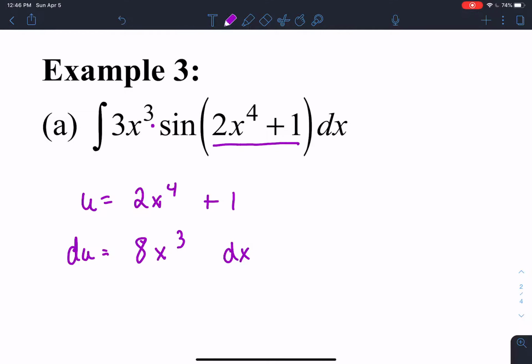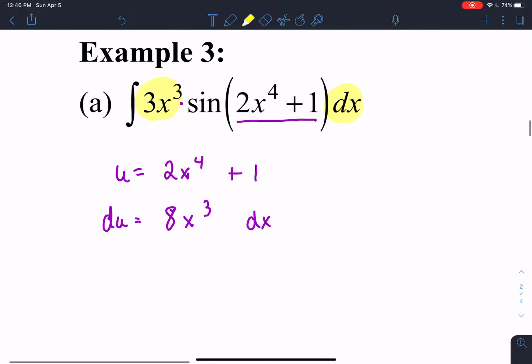Now looking at what you have in the original problem, you have 3x cubed dx. What could I multiply 8 by so that it becomes 3x cubed instead of 8x cubed?